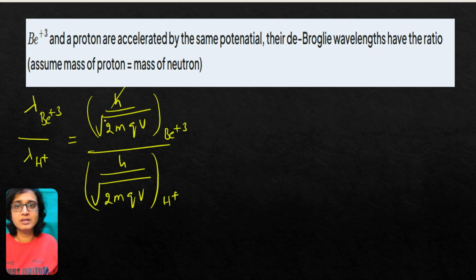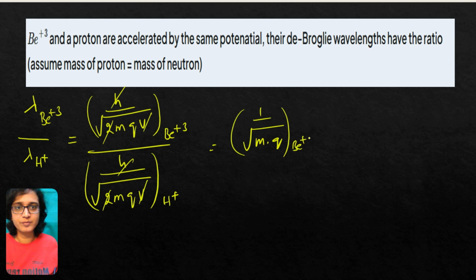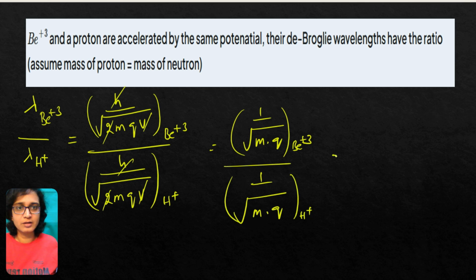H and h are same, same potential difference according to the data. So potential difference and potential difference cancel. Next, the remaining terms: 1 by square root of m into q of beryllium plus 3 divided by 1 by square root of m into q of proton. That will be 1 by mass of beryllium. Hydrogen, helium, lithium, beryllium.